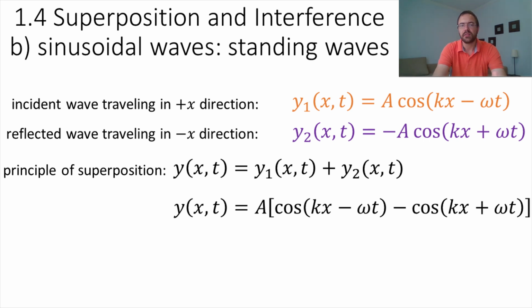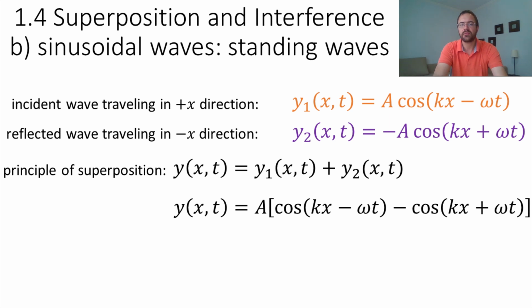What happens if instead of a pulse, we have sinusoidal waves? Last time we learned that a sinusoidal wave traveling in the plus x direction can be represented mathematically by a wave function of the form y1 equals A cos(kx − ωt), where y1 represents the displacement, A is the amplitude, k is the wave number, and ω is the angular frequency.